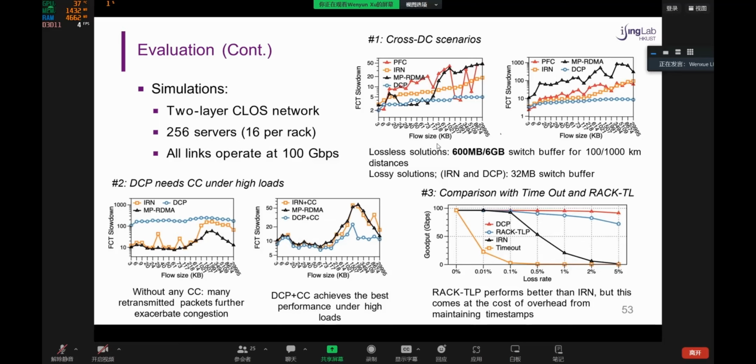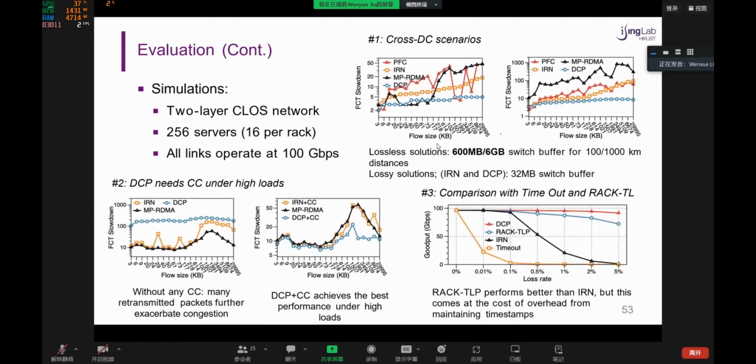I think DCP can benefit from UEC because if some future UEC-ready switch already supports the packet trimming function, in these cases DCP will not require modification to the switch.